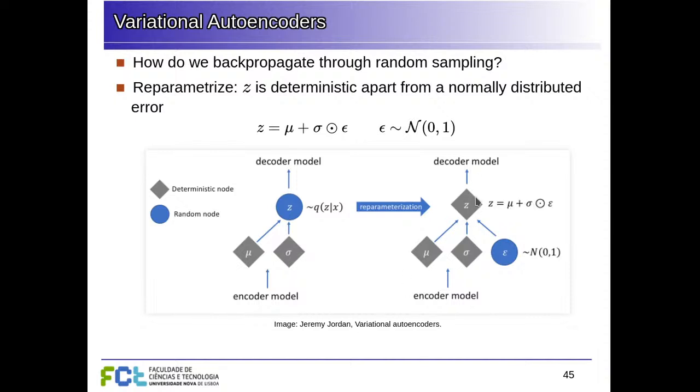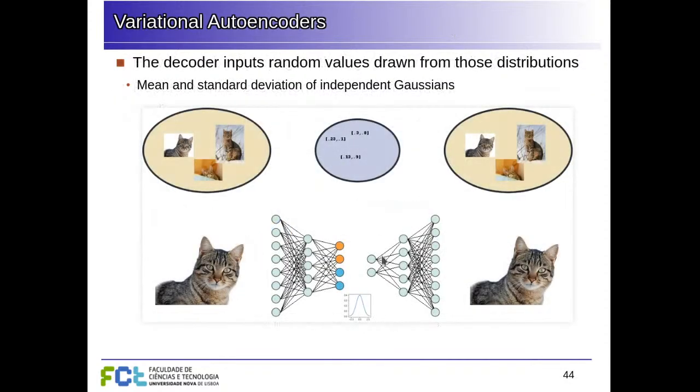These are just addition and multiplication operators, and we can propagate easily through the rest of the network. So by making this adjustment, this transformation, we can do backpropagation through the variational autoencoder, even across this step where we are taking a random sample from those distributions.